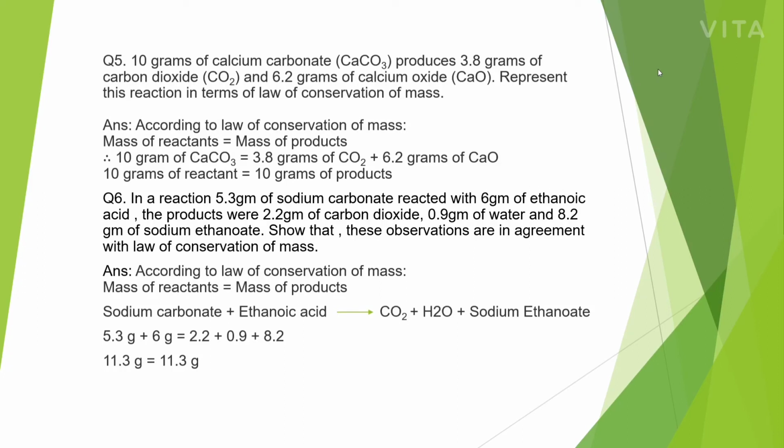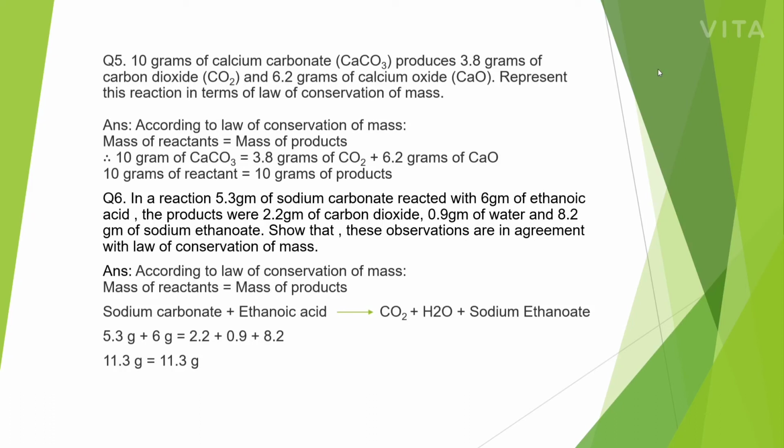Now according to the law of conservation of mass, the total mass of the reactants is always equal to the total mass of the products. So it means here the reactants are sodium carbonate and ethanoic acid. So they both react and give carbon dioxide, water and sodium ethanoate. Okay. So I have written it in the form of a reaction also.